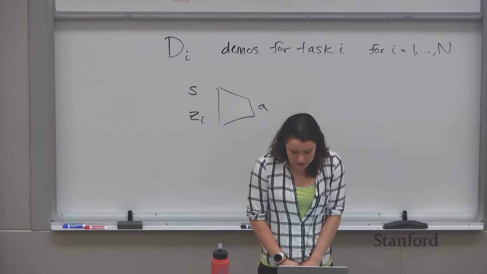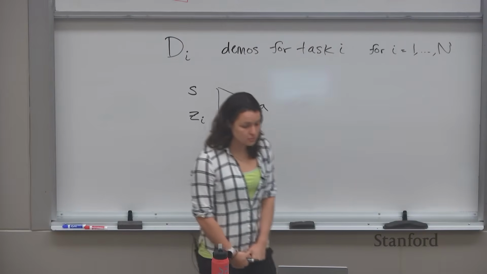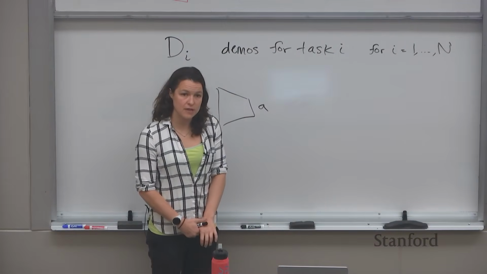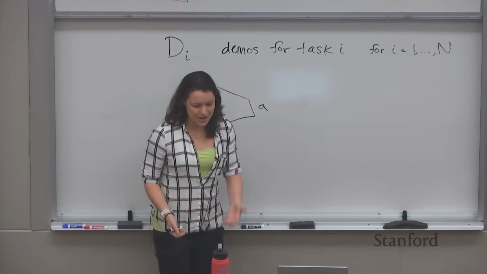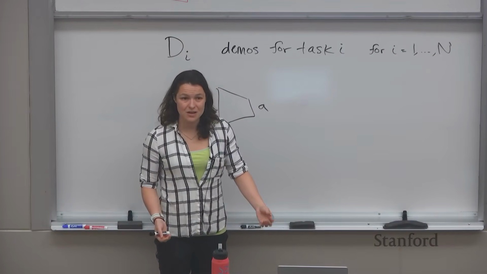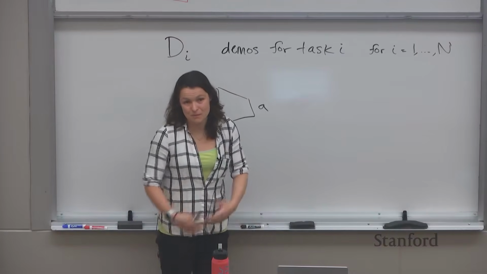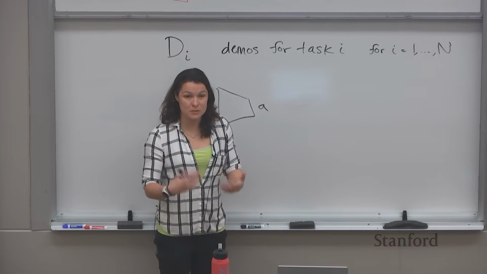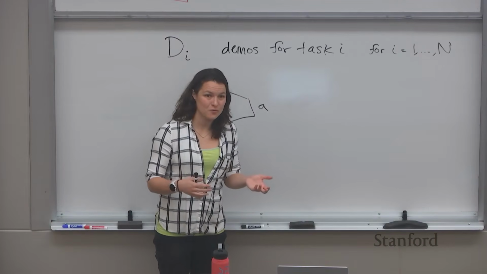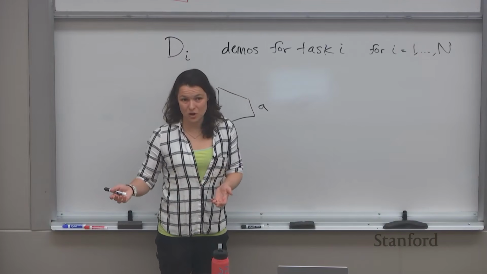In particular, if we collected some exploratory data for a task, when maybe our policy was told to pick up the sponge or something like that, our policy did something, it might not have picked up the sponge because it might have made a mistake. That sort of experience might be useful for other task descriptors as well.